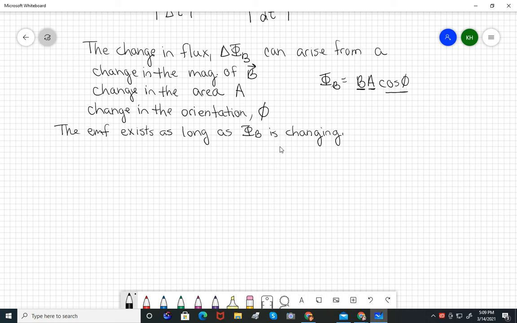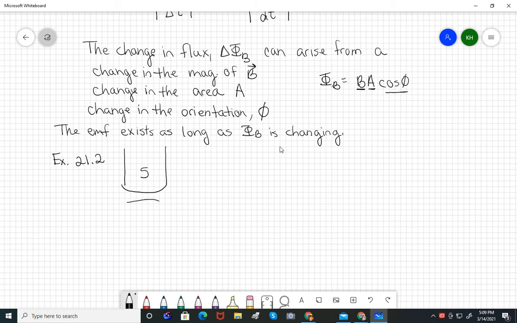So let's look at an example. This is example 21.2. In this case, we're going to have a magnetic field, and we're going to generate it simply. So there is a south pole of a magnet.